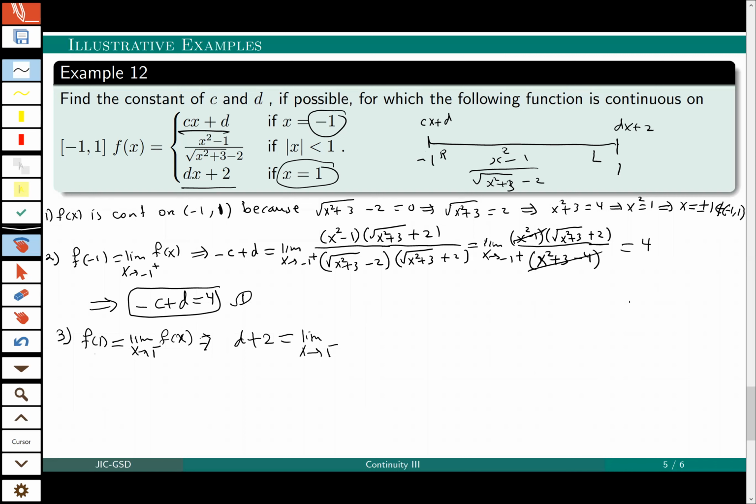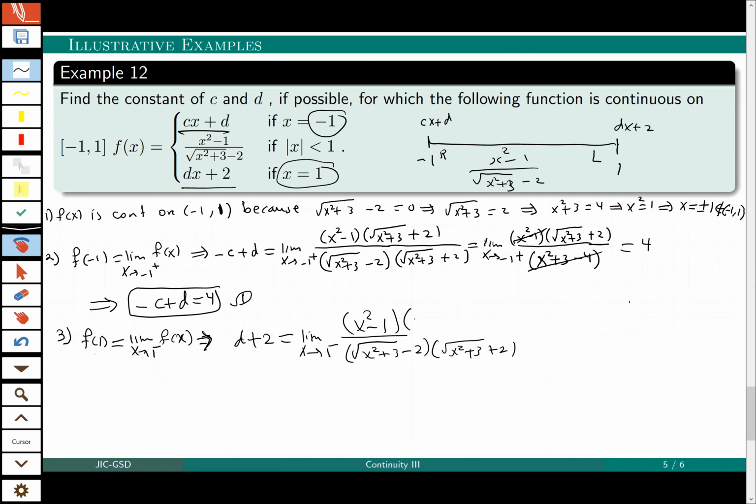It will be x squared minus 1 over square root of x squared plus 3 minus 2, if we multiply it by the conjugate, square root of x squared plus 3 plus 2.